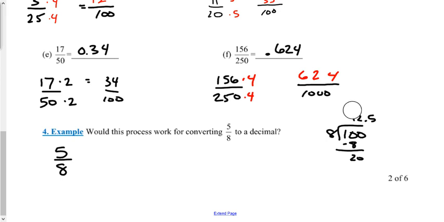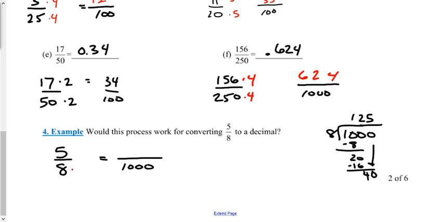So it's not 100, right? And then what we might say is, well, what about 1,000? Does 8 fit into 1,000? Okay, 8 does go into 1,000 pretty nicely, right? We get that. Bring the last one down. And then it's 125. So if I take 8 times 125, that will make 1,000.